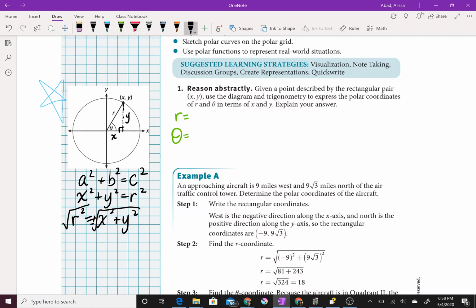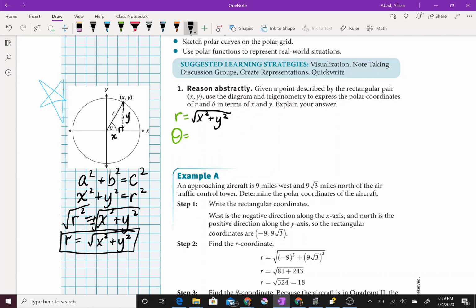Now, yes, we would have a positive and negative solution to that when we take the square root on both sides, but also just keep in mind, once we have r by itself here, let's think about what r stands for. It's the radius, which is the length, and length cannot be negative, it's going to be a positive. So we're just going to have a positive square root of x squared plus y squared. I'm going to put that over here. So we have that as one of our formulas.